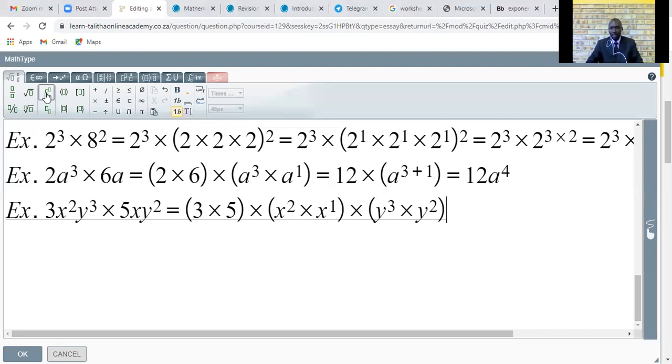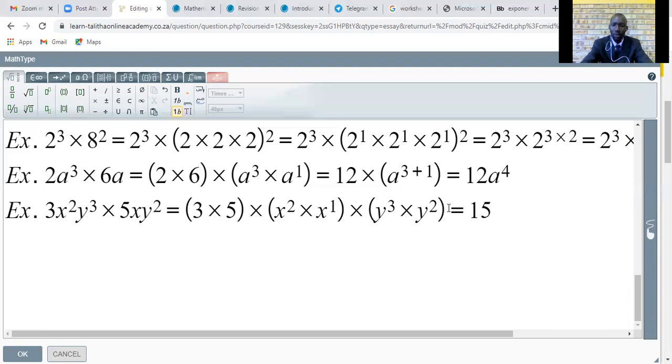What do we do next? Well, the next thing for us to do is to multiply. Just that, we will just have to multiply. And so 3 times 5 is 15.